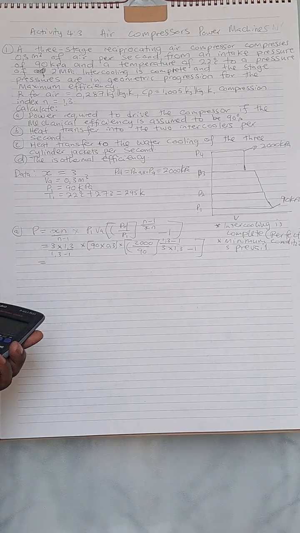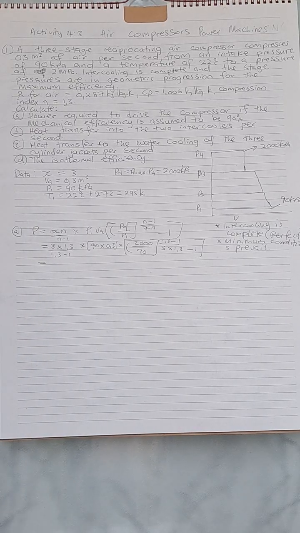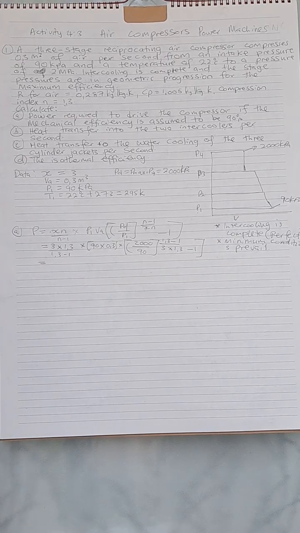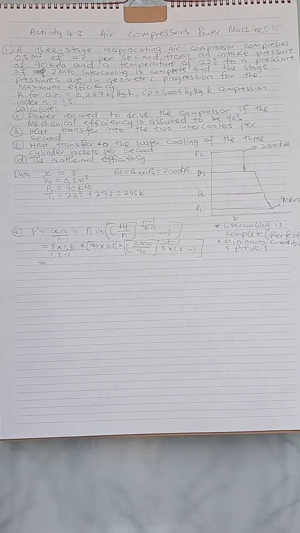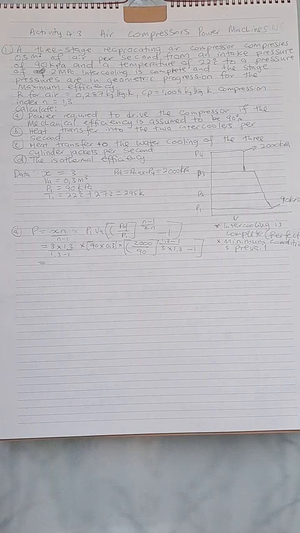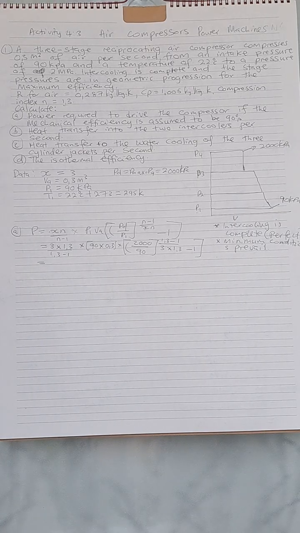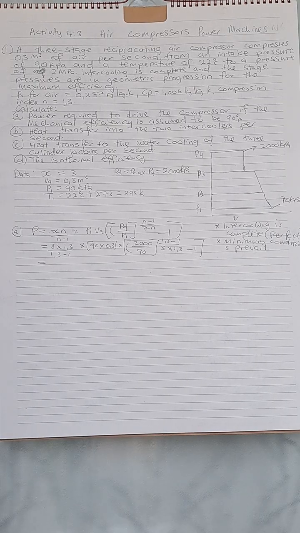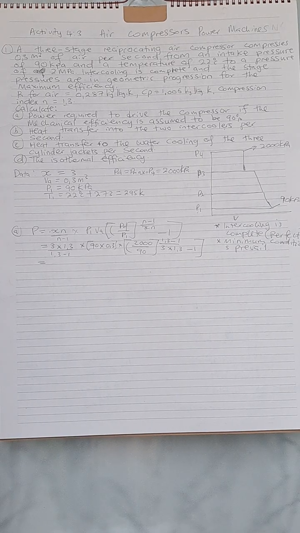3 times 1.3 divided by 0.3 times 90 times 0.3, which is our volume, times our maximum pressure, 2000 over 90, to the exponent of 0.3 over 3 times 1.3 minus 1.